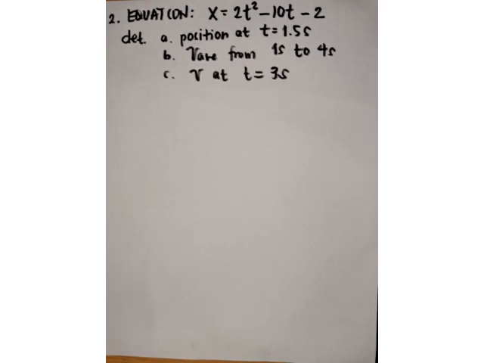By the way, hindi ko na sinulat, X is in meter and t is in second. Okay? Okay, so letter A, what is the position of the particle at 1.5 seconds? And B, what is the average velocity from 1 second to 4 seconds? And C, what is the instantaneous velocity when time is equal to 3 seconds?